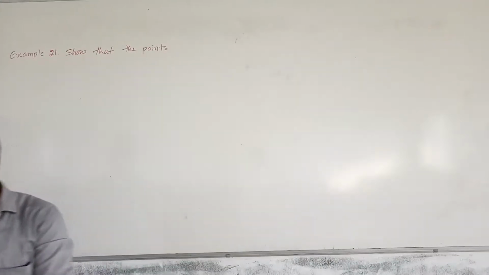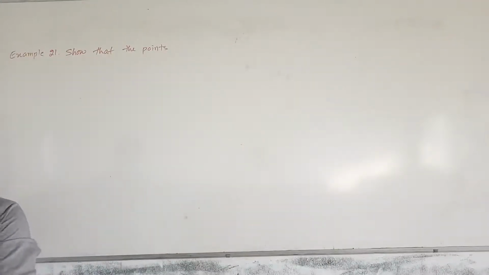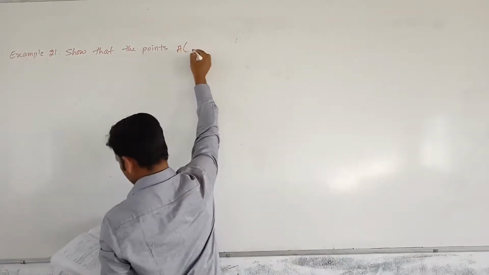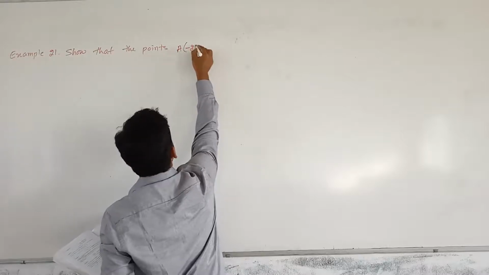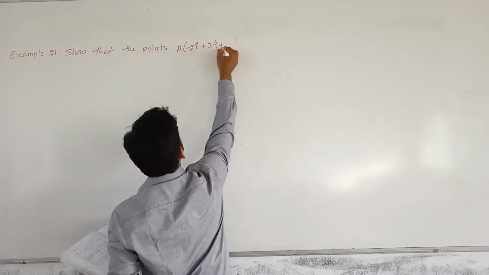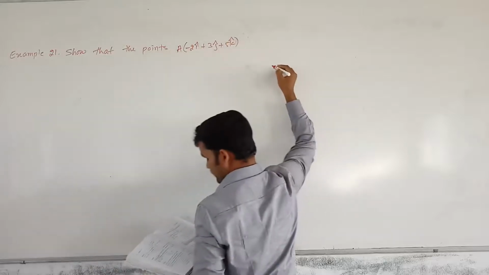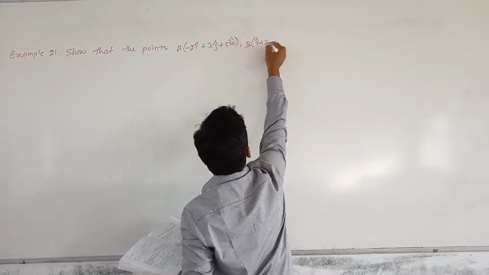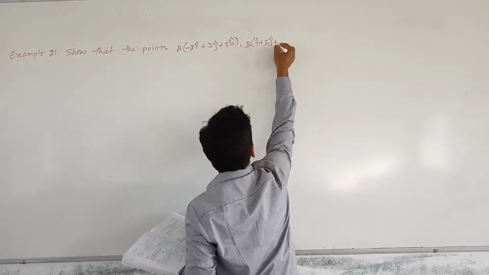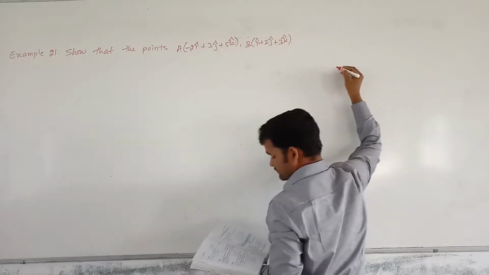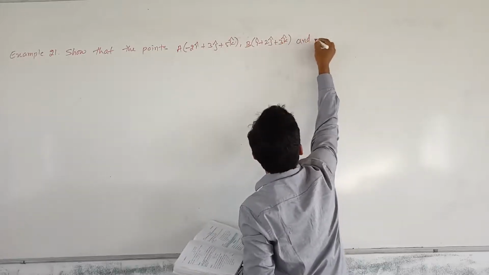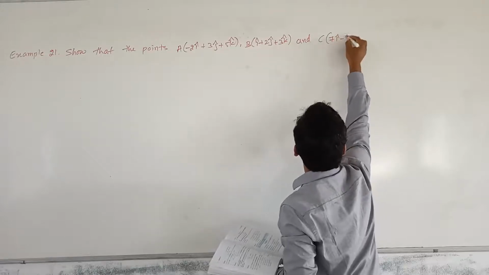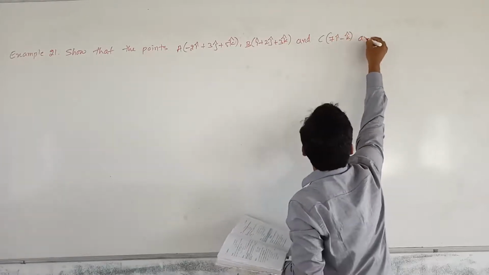Show that the points A of minus 2i plus 3j plus 5k, B of i plus 2j plus 3k and C of 7i minus k are collinear.